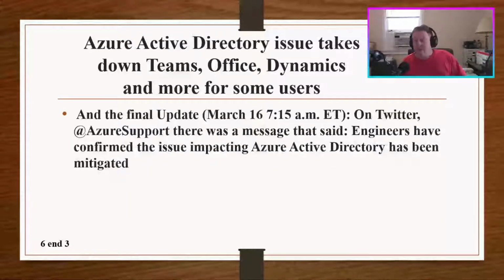And the final update from Microsoft about this outage occurred on March 16th, the next day, 7:15 a.m. On Twitter at Azure Support, there was a message that said, "Engineers have confirmed the issue impacting Azure Active Directory has been mitigated."